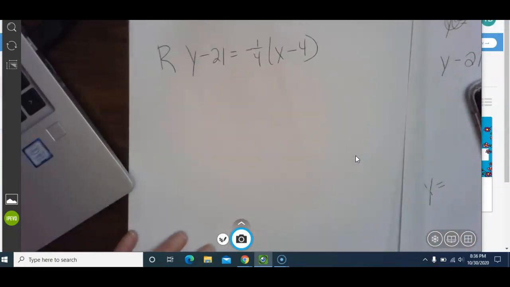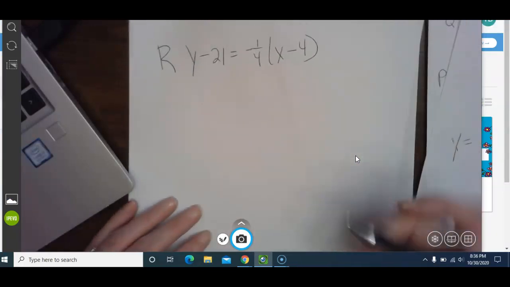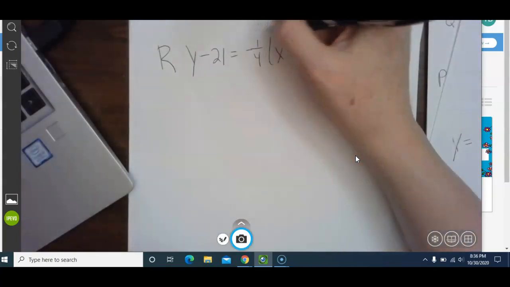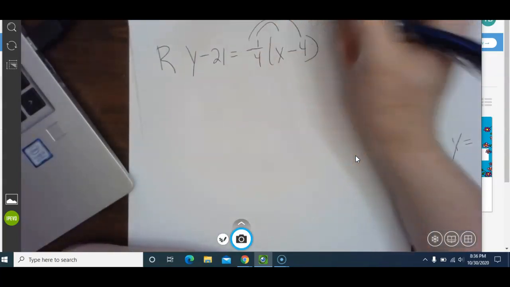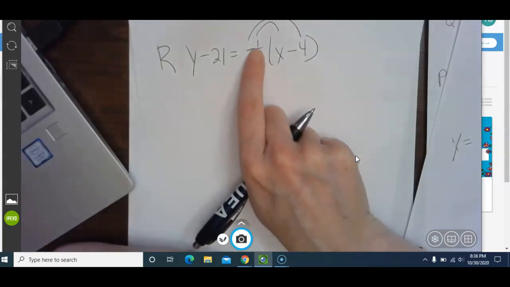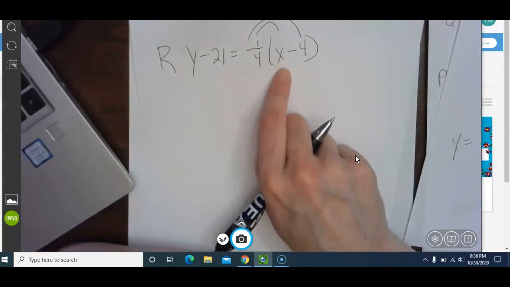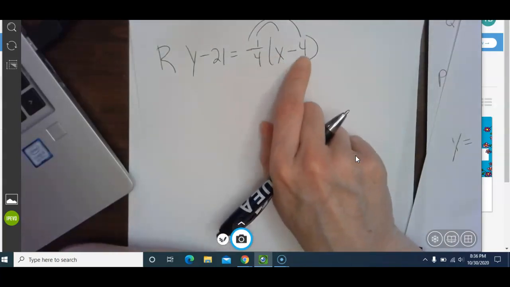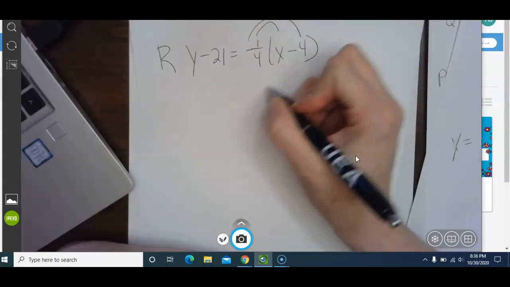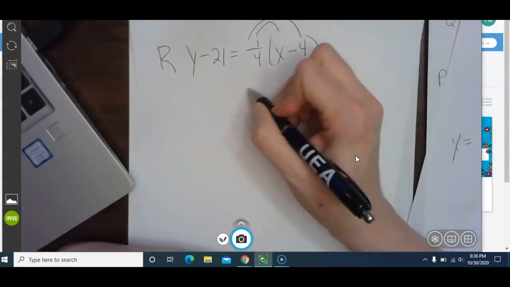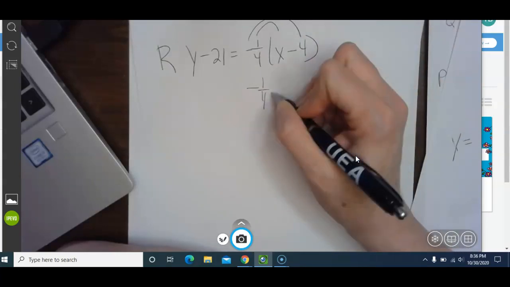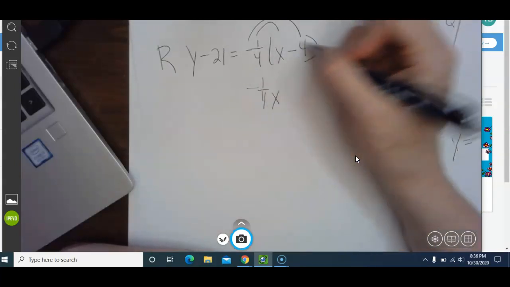Okay, the next one I want to do real quick is this one because it has the distributive property in it. All right, so this is what you do. You look at the distributive property, you do that side first. So you have a negative 1/4, parentheses opened, x minus 4, parentheses closed. So then you're going to do the distributive property where you take negative 1/4 times x. That's the first answer. This one is a little different.